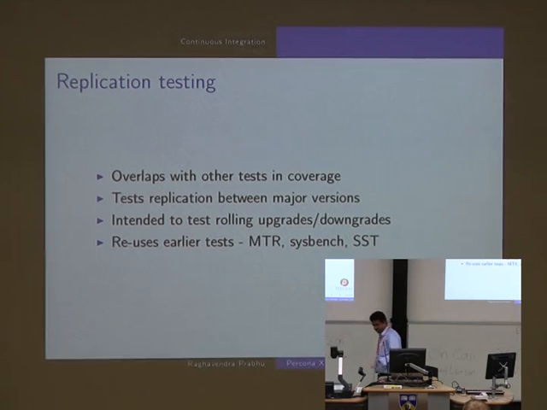It starts a node, loads it with data, starts a second node, SST happens, then you upgrade this node, shut it down, bring it up again, and run queries to make sure everything works. There are a lot of things involved, but this helps a lot with testing replication between major versions. It can also be used for minor versions, but there's no point since other tests cover that already.